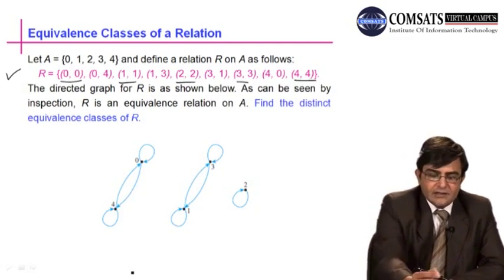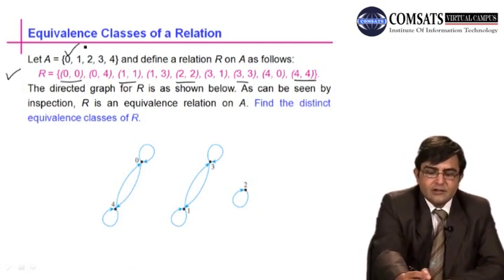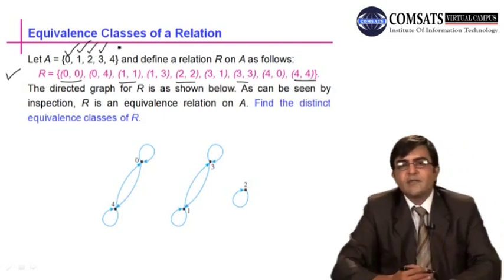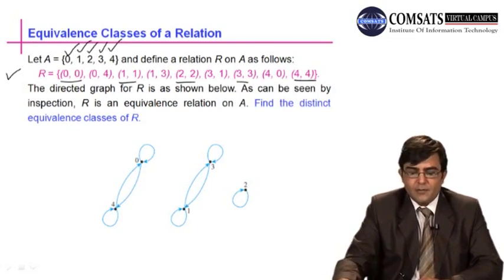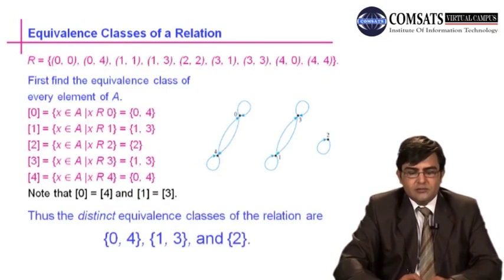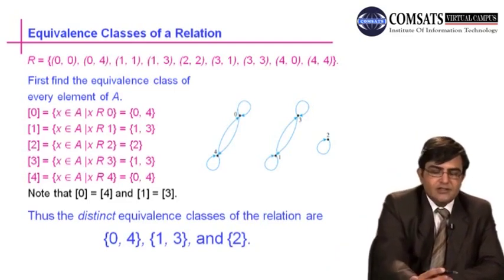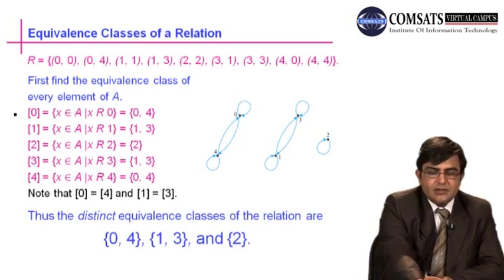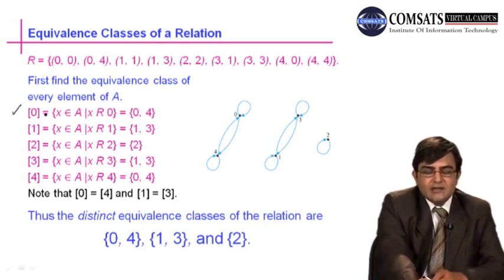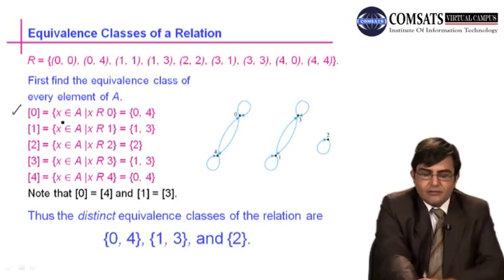Now we have to write the equivalence classes of this relation. First we write the equivalence class for 0, then for 1, then for 2, then for 3, and then for 4. We write an equivalence class for each element of A. For 0, we write it as [0] is equal to, this class contains all those elements of A which are related to 0.